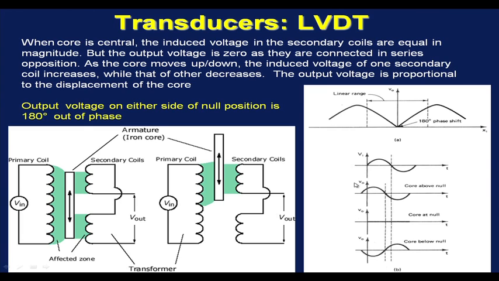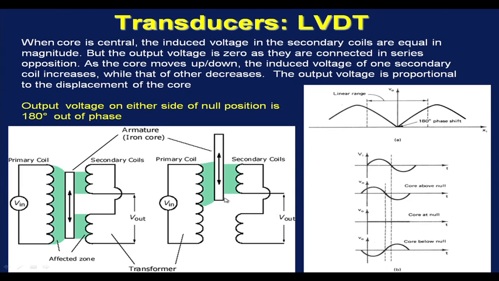So, if I excite the primary coil by say this signal, I will get 0 voltage as output when the core is centrally located, or we say core at null.